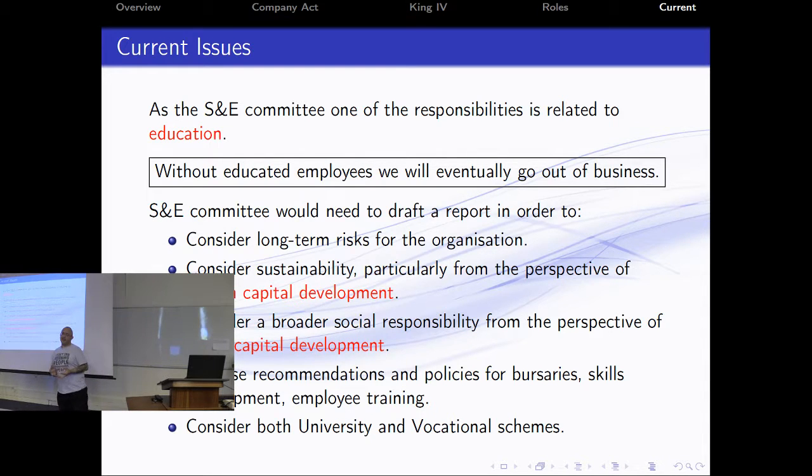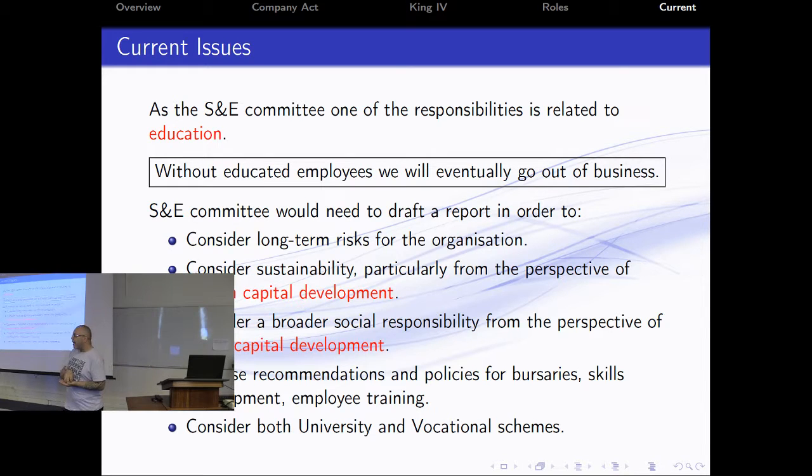So we have to identify what these risks are, and that's one of the things our organisation will have to do. We have to look at the sustainability, in particular with respect to our current employees. So we have to look at human capital development internally, and maybe slightly broader than that.